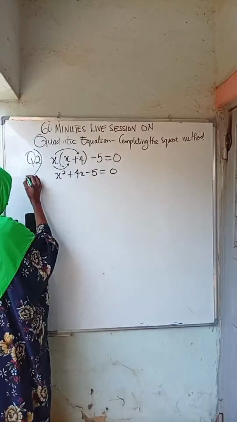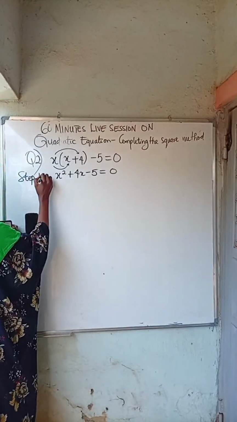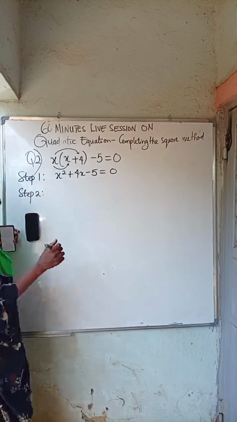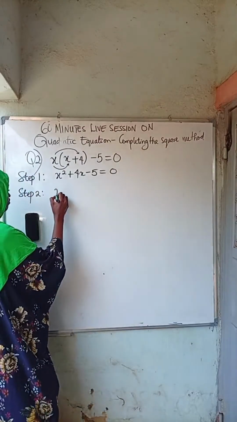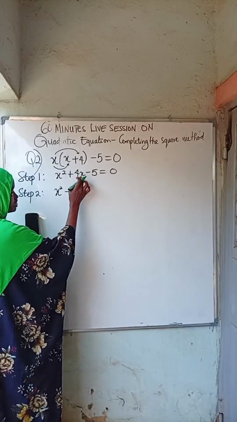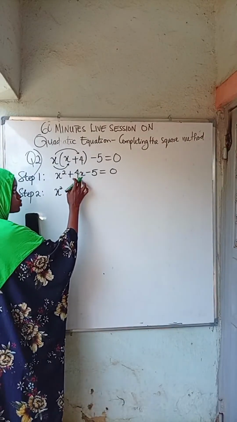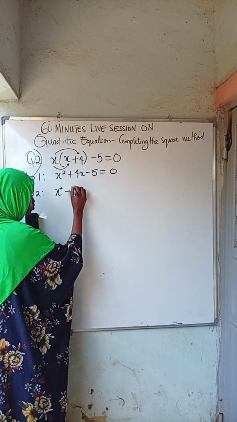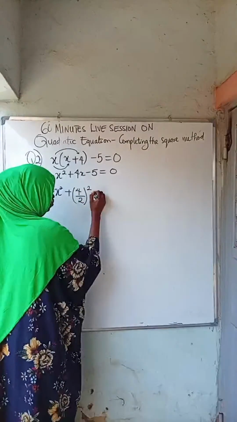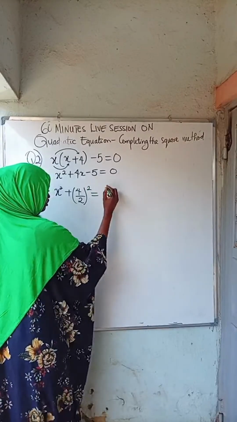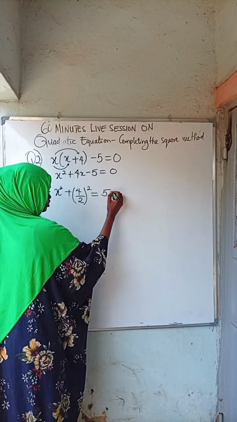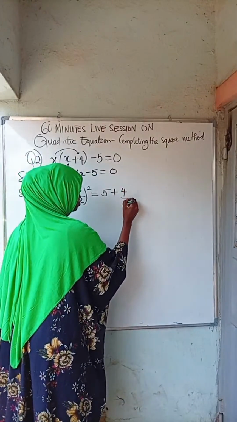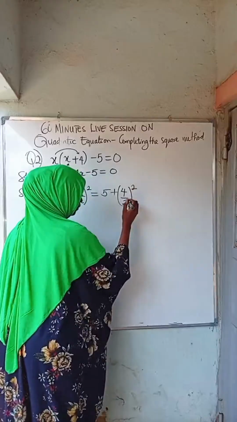So this is step 1. For step 2, we have x squared plus 4x, we take the half of the middle term and square it. So that is 4 over 2 whole square, equal to, this negative 5 crosses over and becomes plus 5, then plus we add the same value here, 4 over 2 whole square.